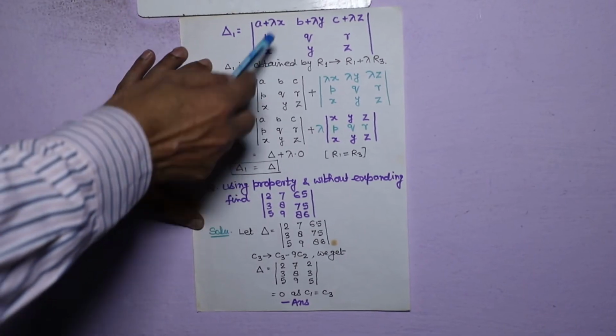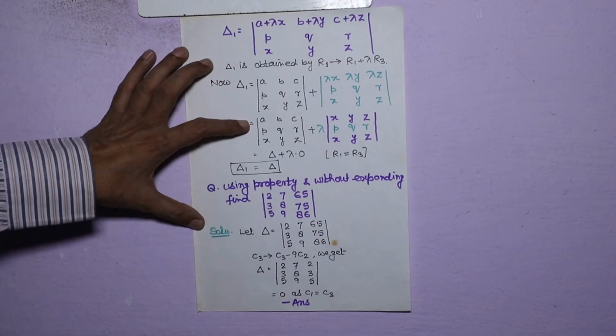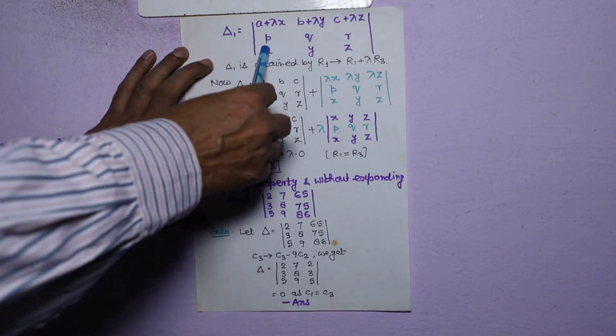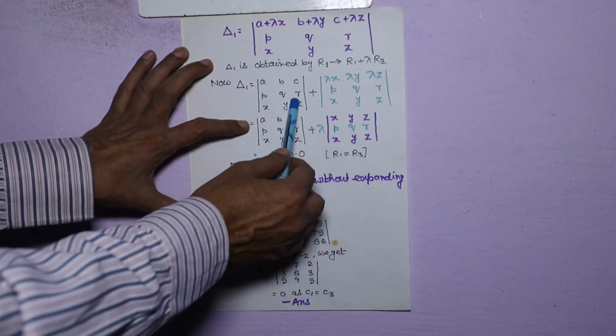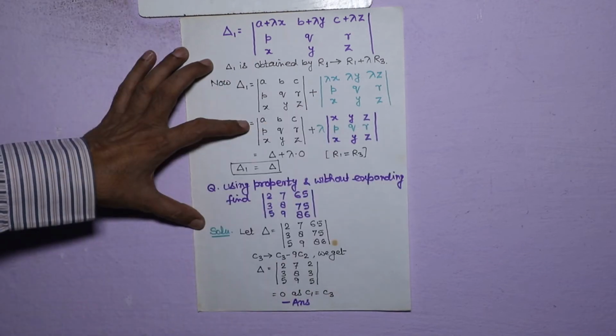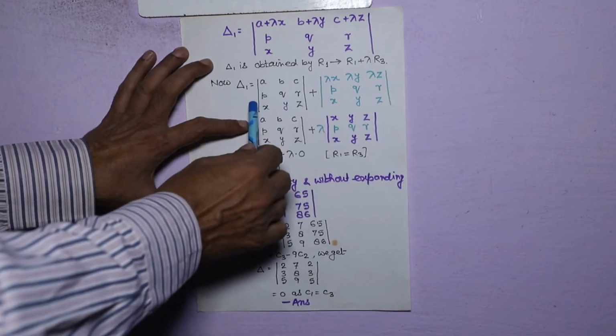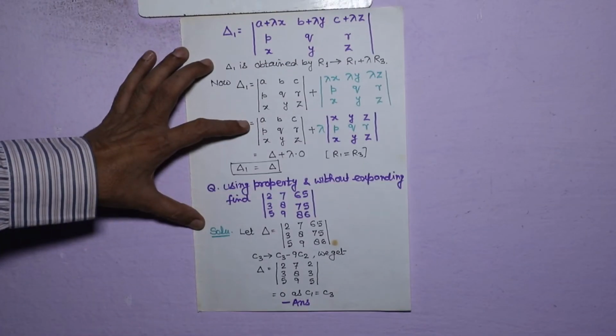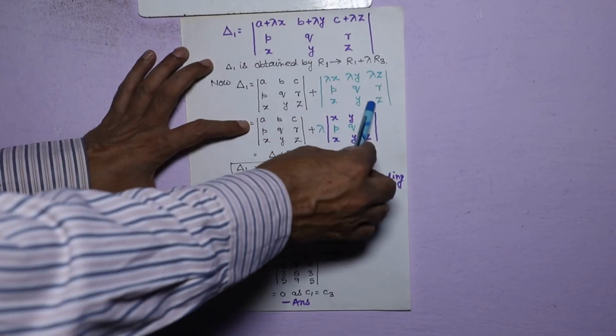Now we can use the property: elements of the first row are expressed as the sum of two numbers, so this determinant can be expressed as sum of two determinants. So this is written as A, B, C, P, Q, R, X, Y, Z plus lambda x, lambda y, lambda z, P, Q, R, X, Y, Z.